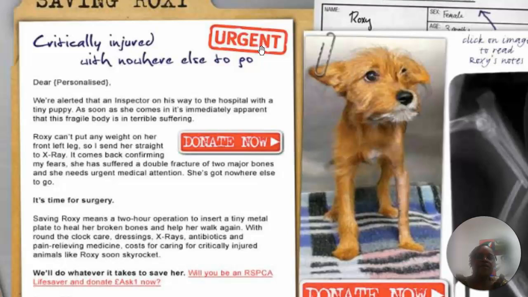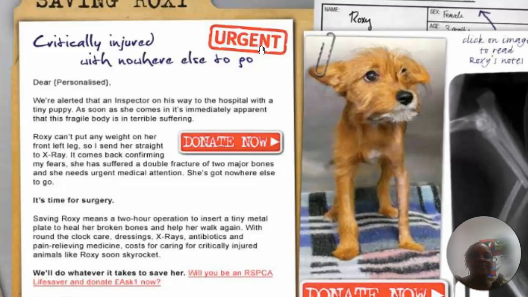So, coupled together with the heading, the title, Saving Roxy and Critically Injured, that urgent is sort of an authentication that Roxy needs help. It is emotionally charged and provokes the reader to save Roxy, putting the reader sort of in the position of a hero to come to the aid of Roxy. Therefore, that's just on the title.